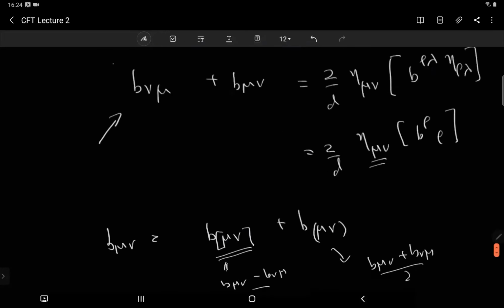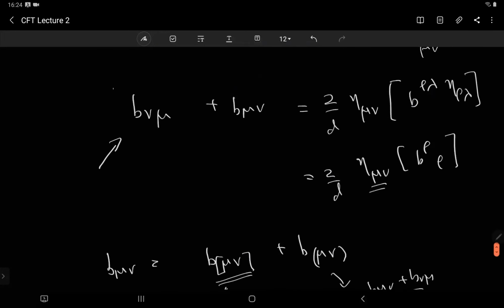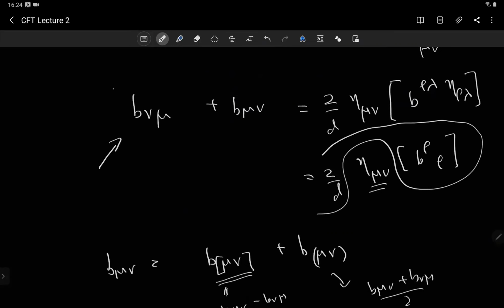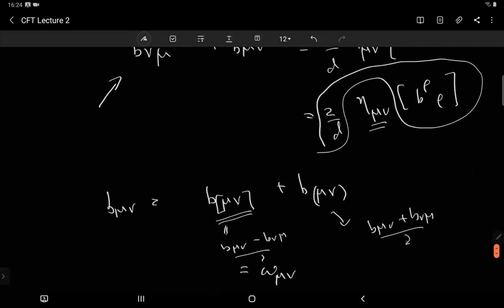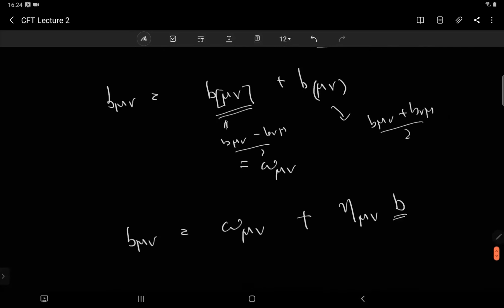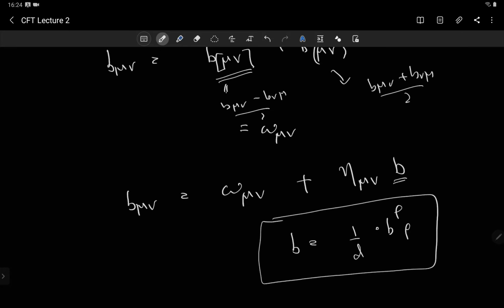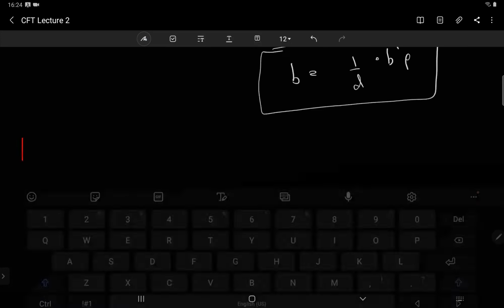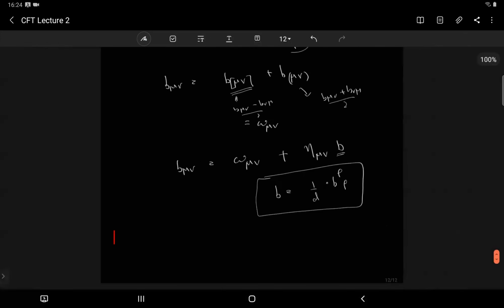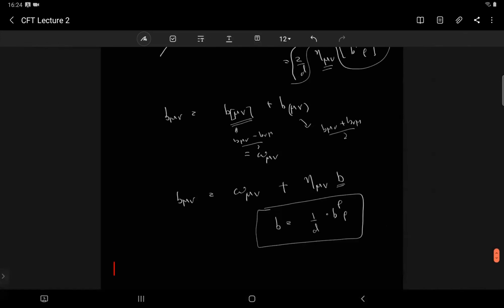This whole thing, 2 by d times B rho rho, we'll call B. Actually 1 by d, because the symmetric part has a factor of 1 by 2. Okay. Is it okay? And omega mu nu and B are independent. So there is no constraint on B and there is no constraint on omega mu nu.